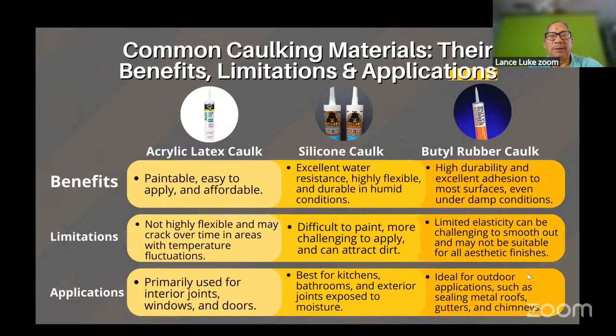Silicone, as you know, is best for kitchens, bathrooms, any area exposed to moisture. You don't paint it. It's difficult to paint. And then the rubber butyl is mainly used for a lot of commercial applications or exterior work, when you're sealing metal roofs, gutters, chimneys, and those kinds of building components.